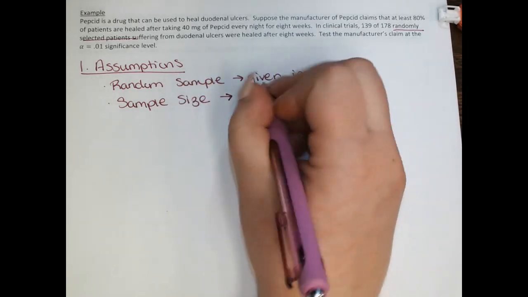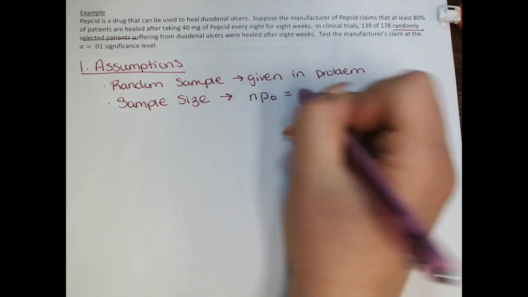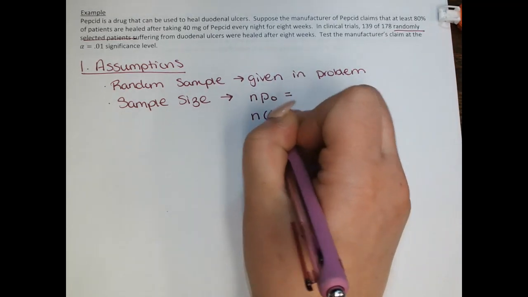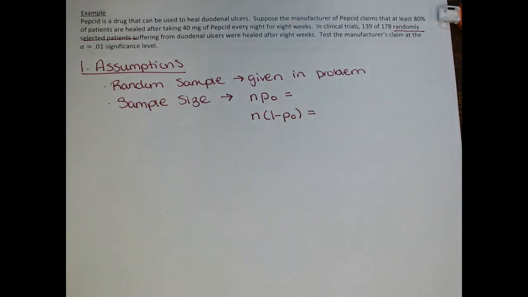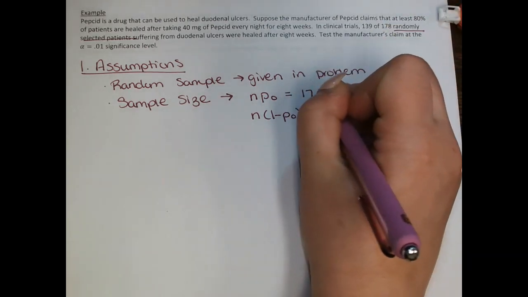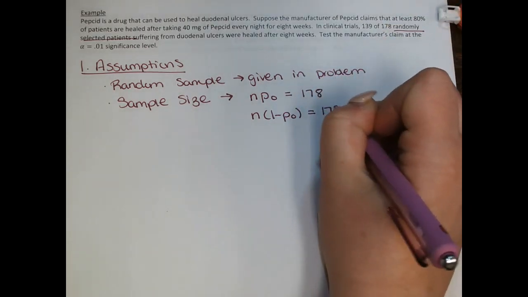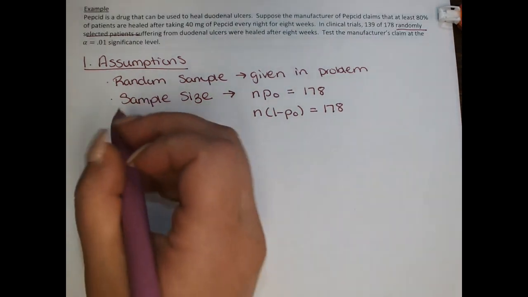There's two things we need to check. We need to check the n times p naught, and we need to check the n times 1 minus p naught. Now n is the total number of people, and so you'll notice the total number of people is 178.